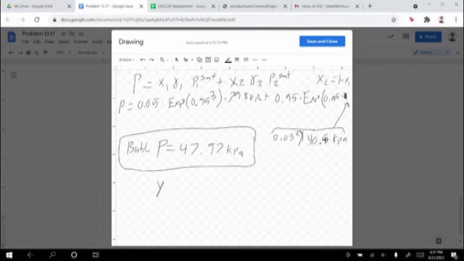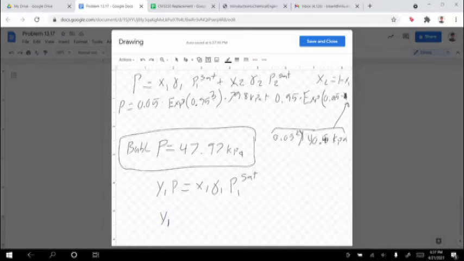So y1 P is equal to x1 times the activity coefficient 1 and the P1 saturation at the temperature. So we're going to just simply rearrange this. We have a known value right here. This one is also known. We can use our substituted expression here. And then this is also known.